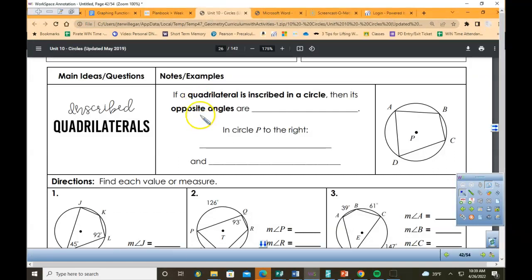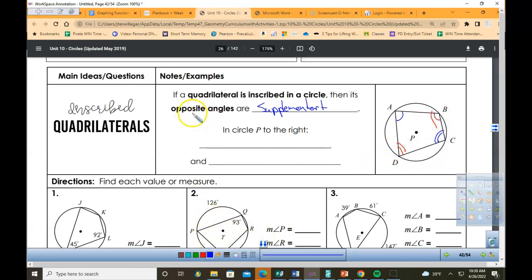So, if a quadrilateral is inscribed in a circle, meaning all its corners are on the side of a circle, then its opposite angles are supplementary. It means these two add to 180, and these two add to 180.